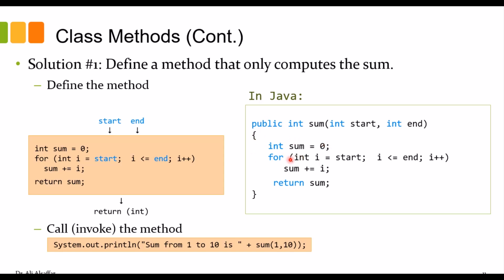And then you write the code inside between curly brackets. Since the method is returning an integer, the compiler expects that you write return inside. So this is the first solution, that the method only computes the summation and we print the summation outside the method.